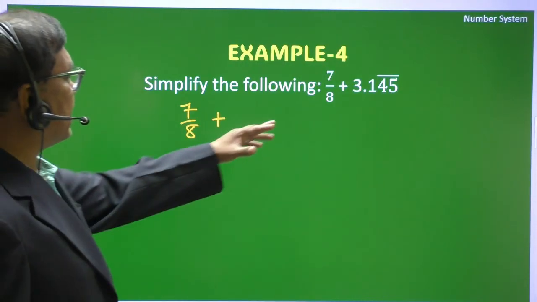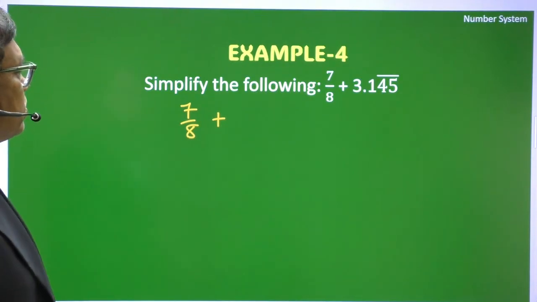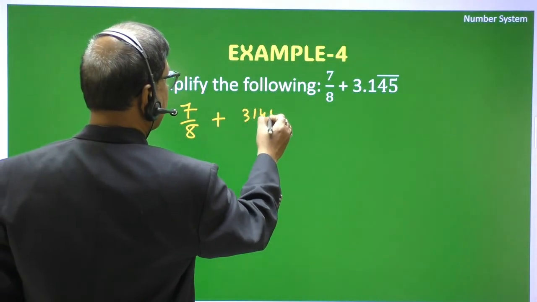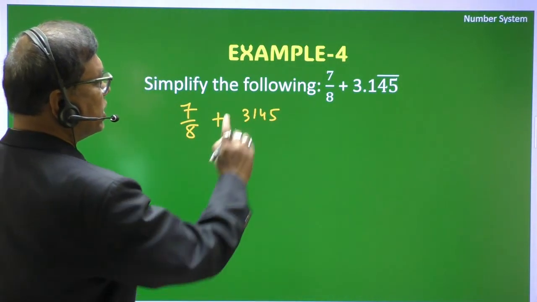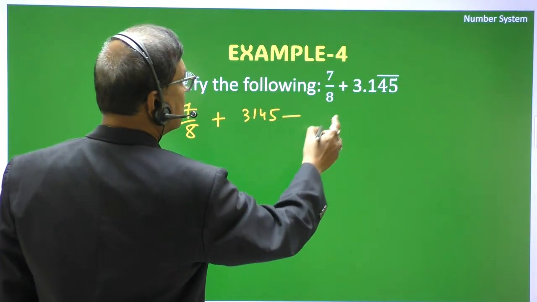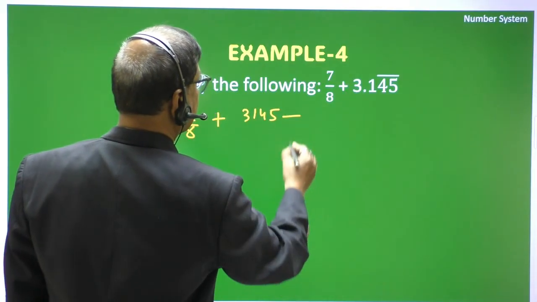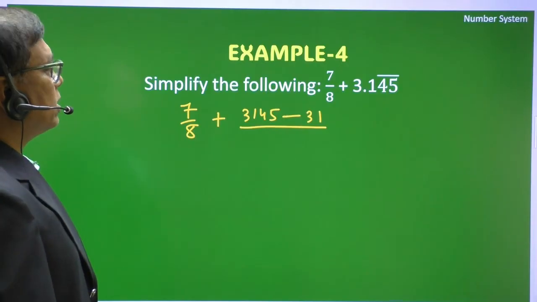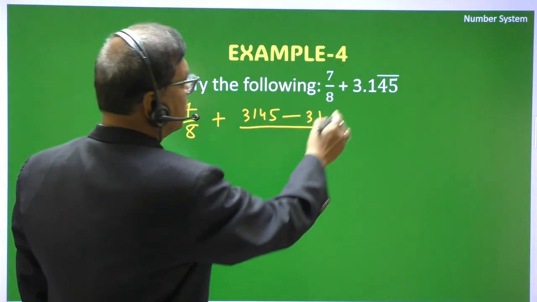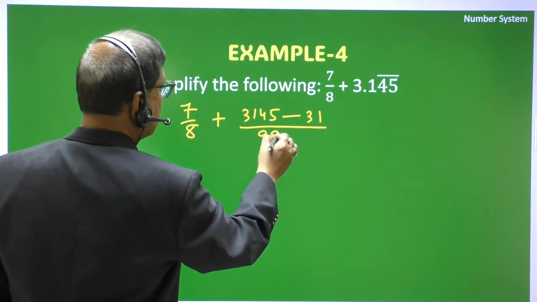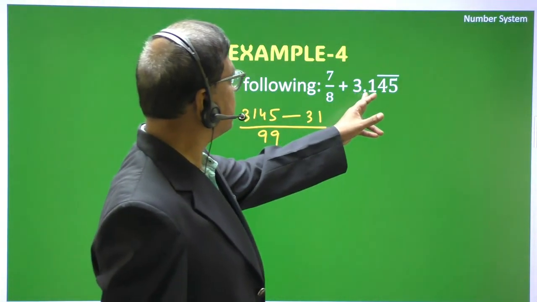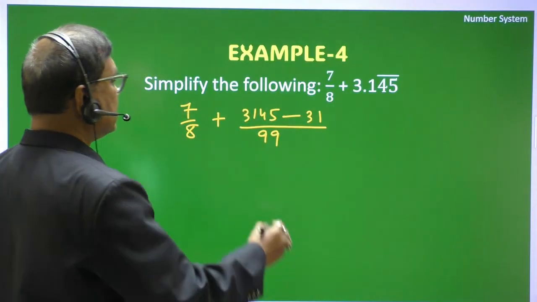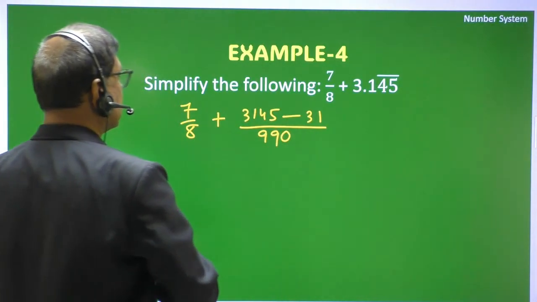So if I apply the shortcut technique I just taught you, the whole number 3145 minus the non-recurring part, that is 31, divided by, on how many digits recurring? On 2 digits, so 2 nines, and after the decimal point one digit is non-recurring, so one 0 here.